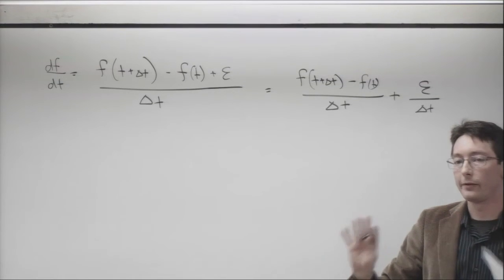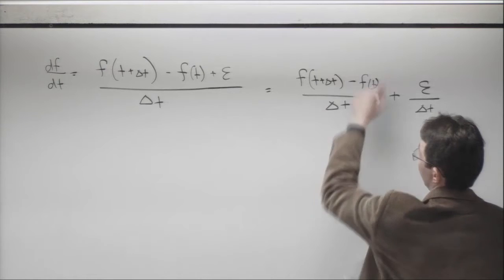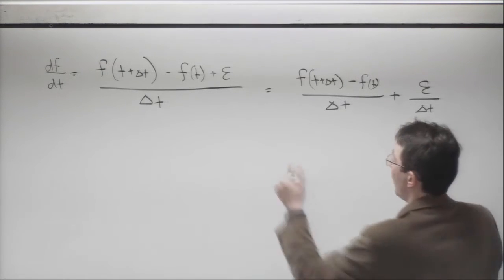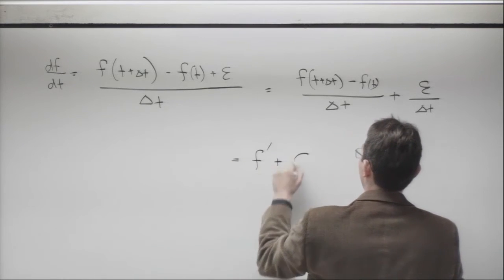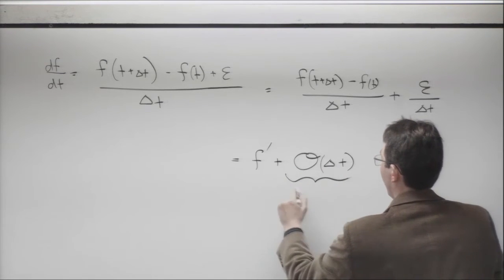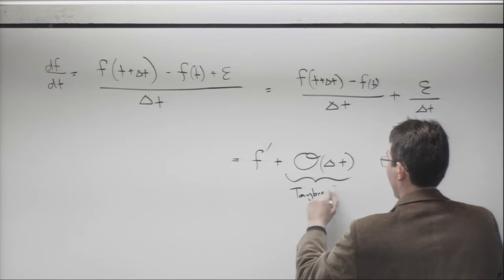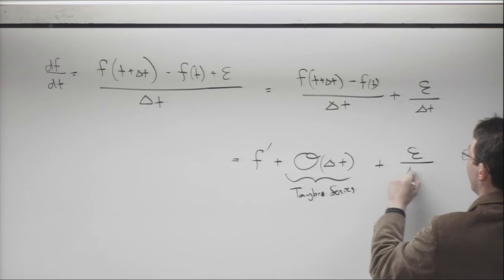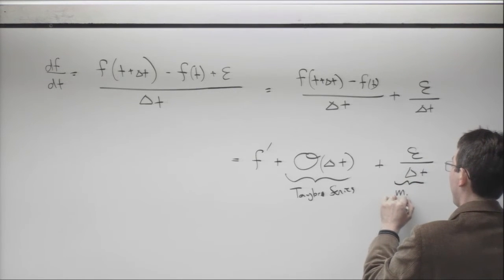So there's 2 different ways that error can enter into this calculation. One is through this kind of Taylor series or finite difference approximation error. So this is equal to f prime plus order delta t error. This is from essentially Taylor series. Plus this epsilon over delta t error, which is from machine precision.